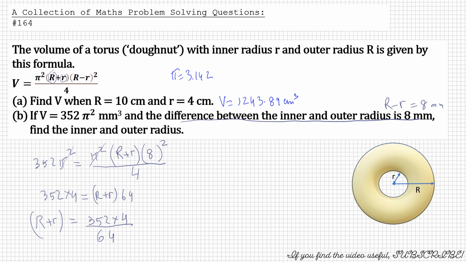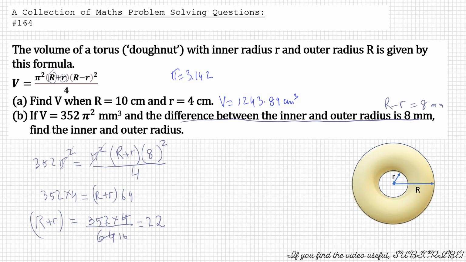So you see 4 times 16 is 64, and 16 times 2 is 32, and again 16 times 2 is 32. So we get 22. So capital R plus small r equals 22.